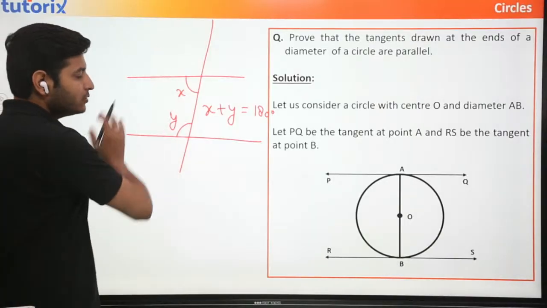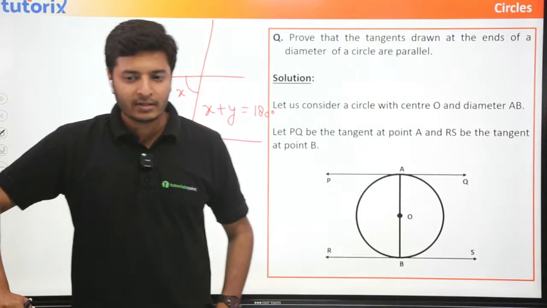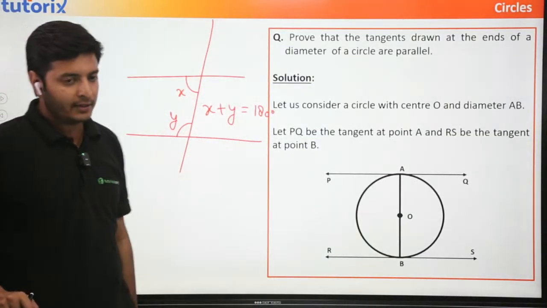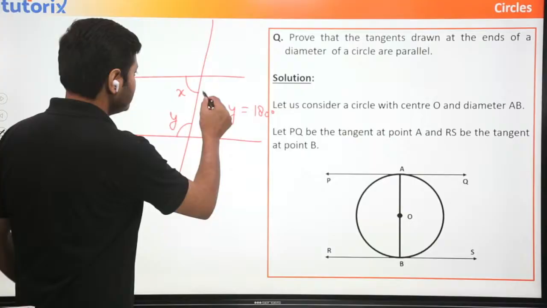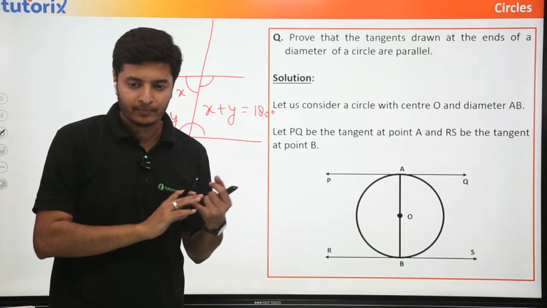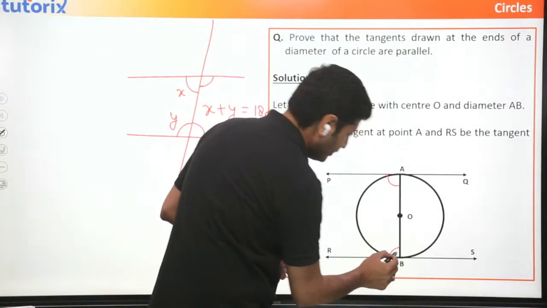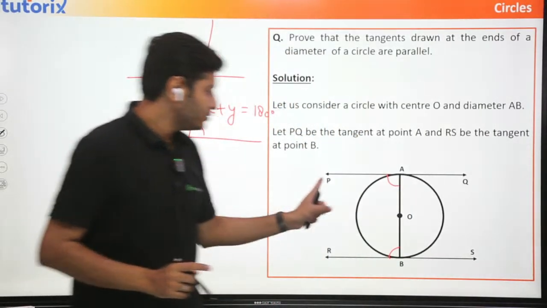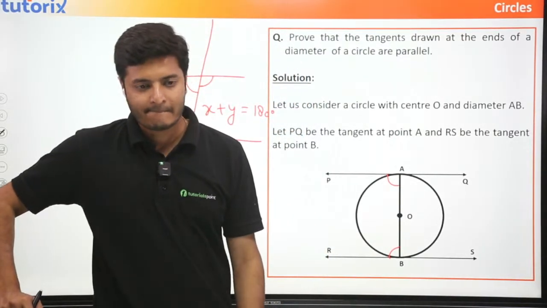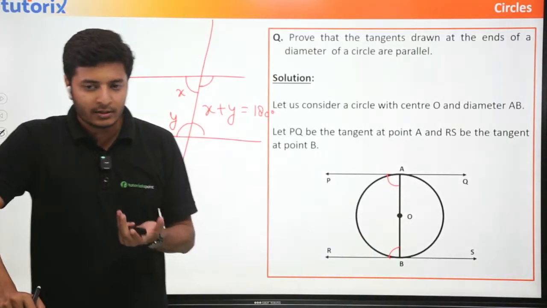It means interior angles on the same side of the transversal always sum to 180 degrees. The same goes for these two. The sum of these two is also 180 degrees. Now, if I somehow prove that the sum of these two angles is 180 degrees, then also we can say PQ and RS are parallel to each other, right? So whatever approach you want to consider, you can do that.